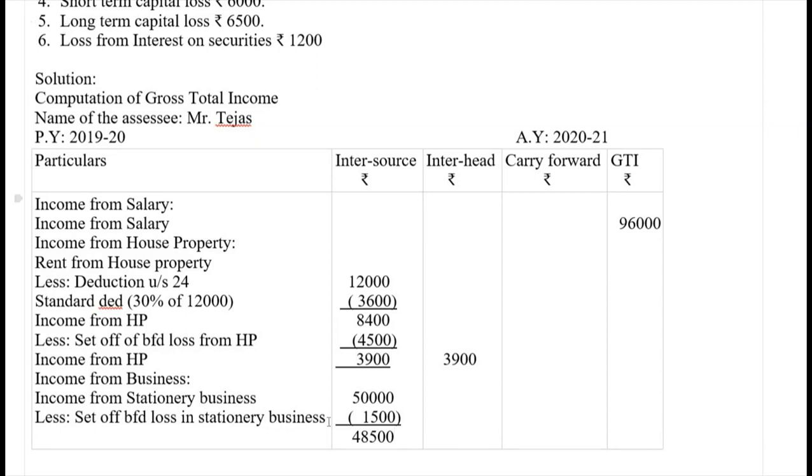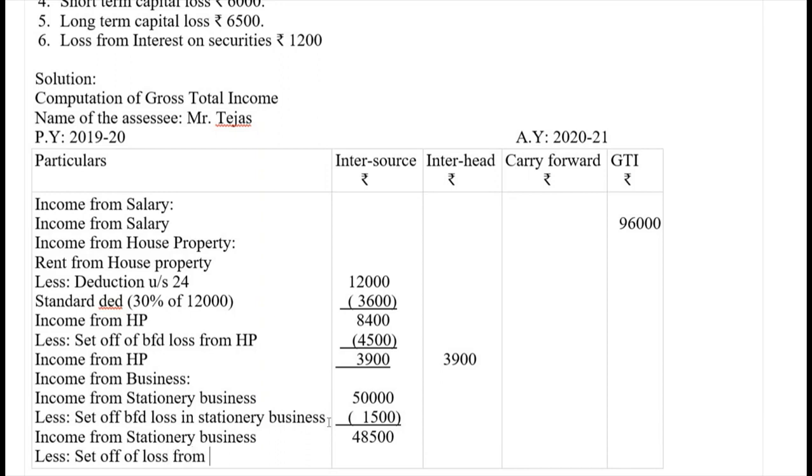48,500. So this is what we are going to get here. Income from stationery business. Then we have got loss from cloth business less set off of loss from cloth business, which comes to rupees 70,000.